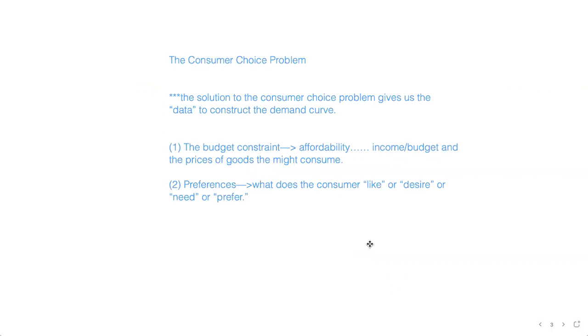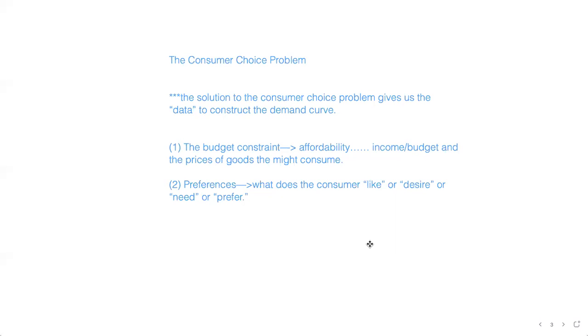I have other lectures that I can assign that explain preferences and budgets, and we can continue to move forward on the consumer choice problem, even leading up to our exam, so we don't lose too much time in review.